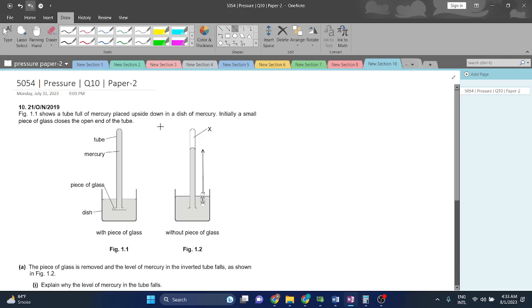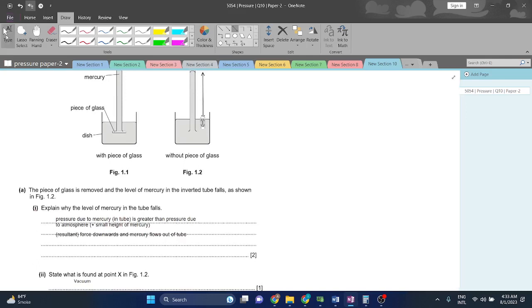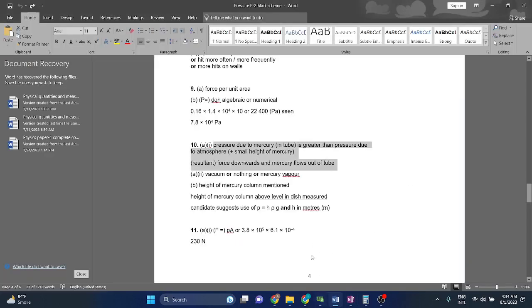So that will be the height, and we already have the g. So that means we will use the formula rho gh. Pressure is equal to density into g into height. g is the gravitational field strength.